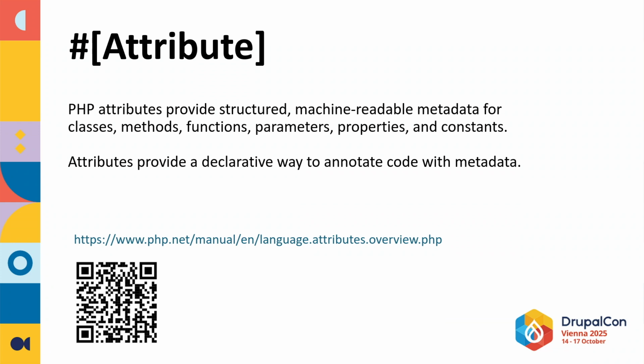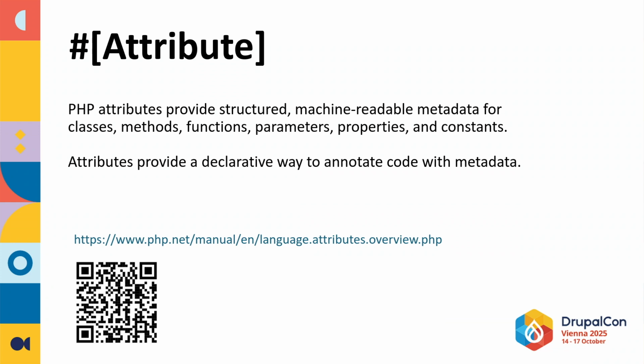First, in PHP 8, there is a really cool new feature, and it's called attributes. Which minor version did it come in? 8.0. In the different versions of PHP 8, more attributes have been added to PHP core, but with the attribute feature itself, you can create your own attributes.